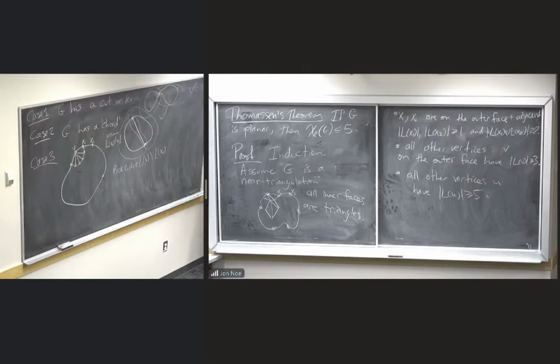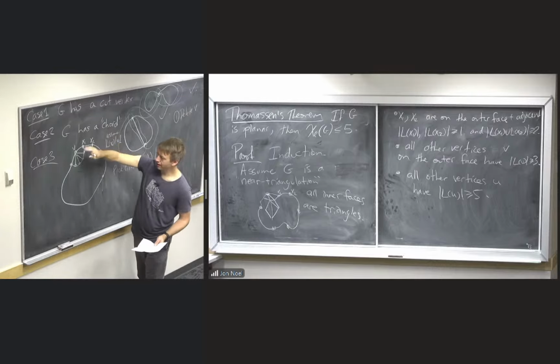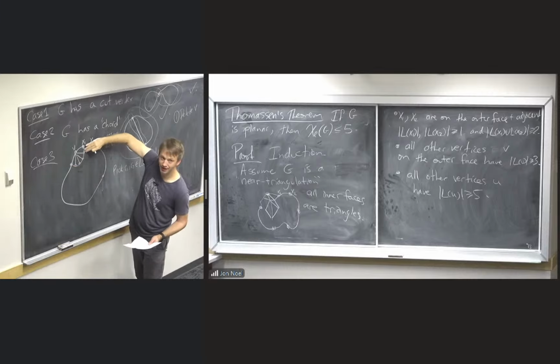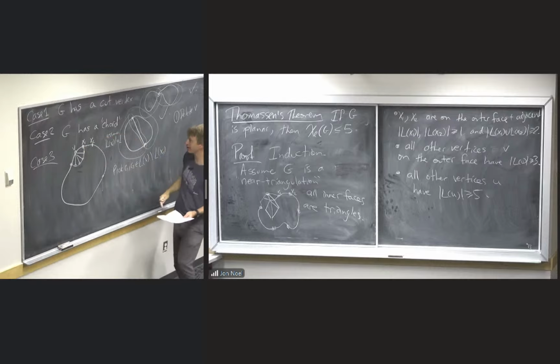Okay, so here's my procedure. Delete V from the graph. So it's gone. My outer cycle now follows along the neighbors of V. I've just got a different outer cycle.